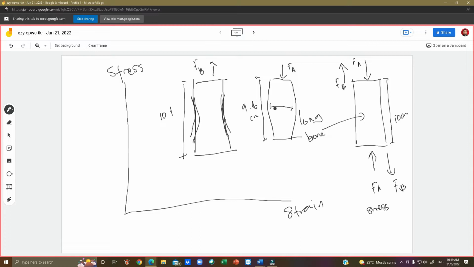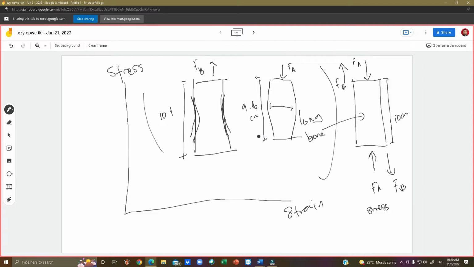So every single time in everyday life, our bone is subjected to these two. Okay, sometimes it's subjected to stress and strain in a different period of time. Sometimes at the same time you are affected by those two simultaneously. Jadi yang berbeza cuma place.